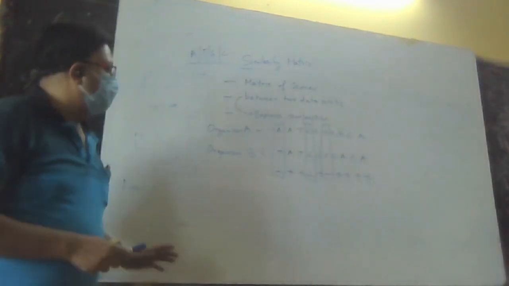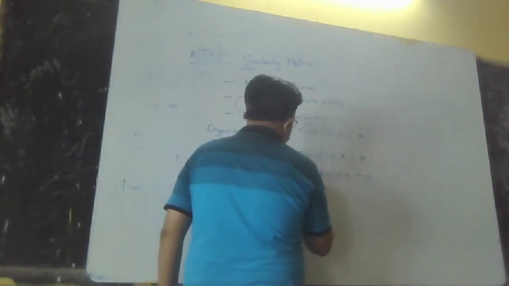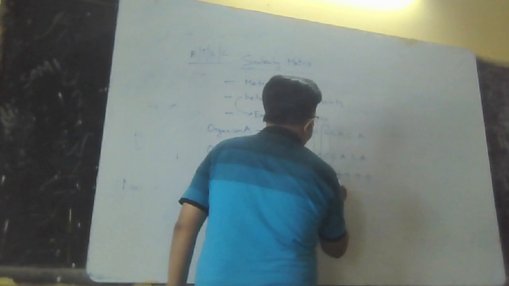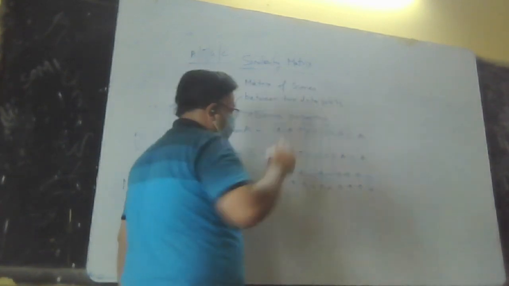So now how many sequences are there? 1, 2, 3, 4, 5, 6, 7, 8, 9, 10.